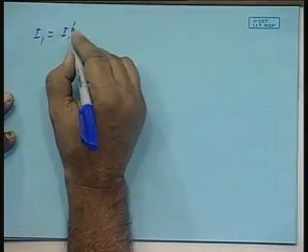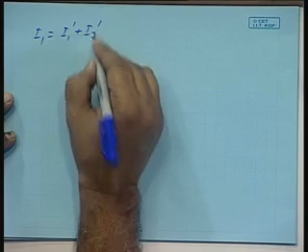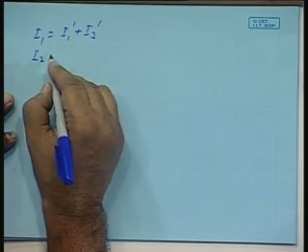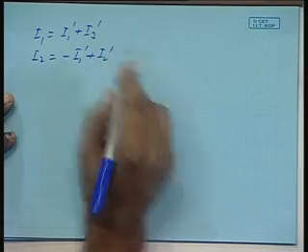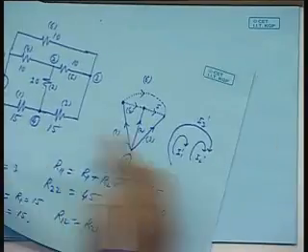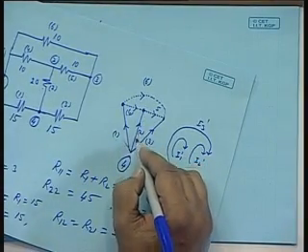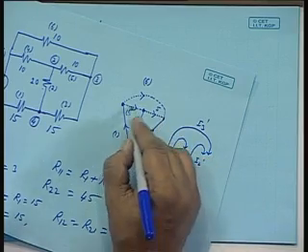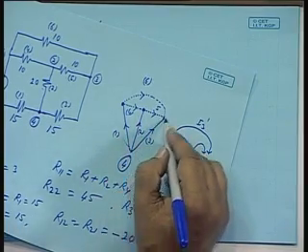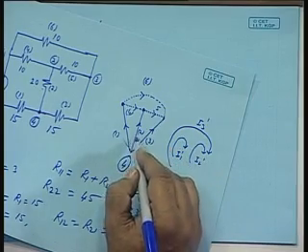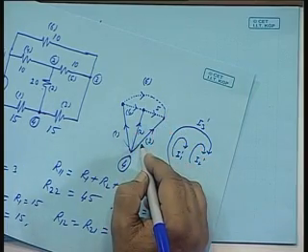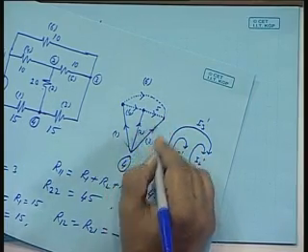So, it will be I1 dashed plus I3 dashed. Similarly, I2 will be minus I1 dashed plus I2 dashed. This current is this loop current minus this loop current.